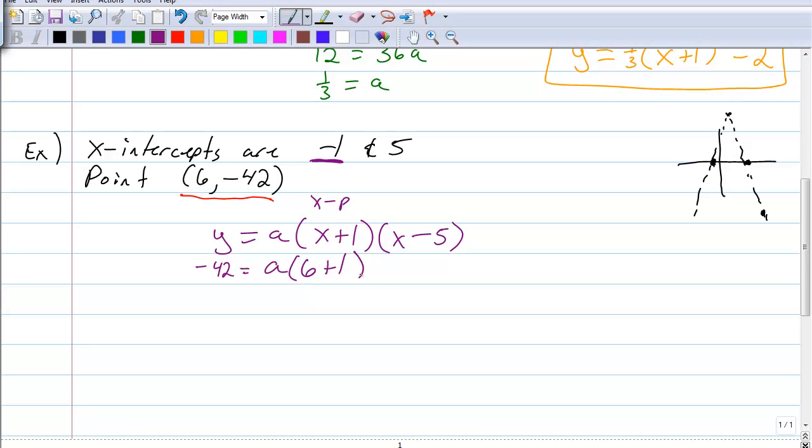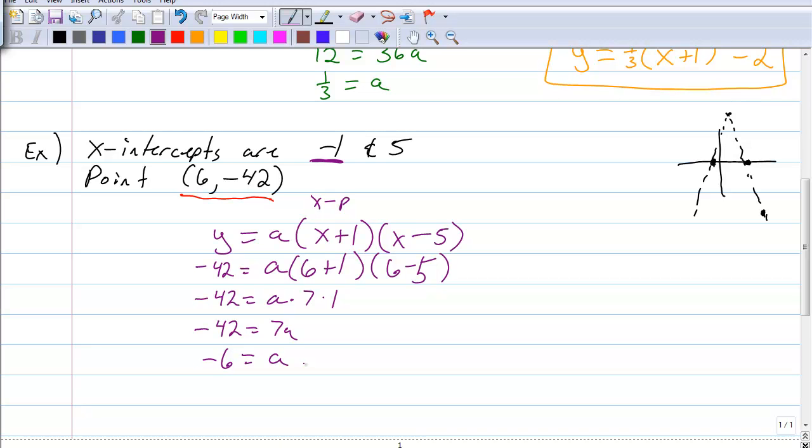So negative 42 equals a times 6 plus 1 times 6 minus 5. So we have negative 42 equals a times 7 times 1. So negative 42 is 7a. So a, of course, is negative 6.